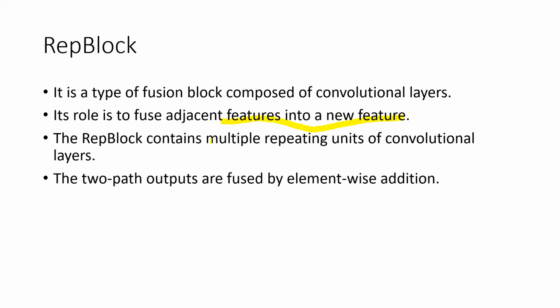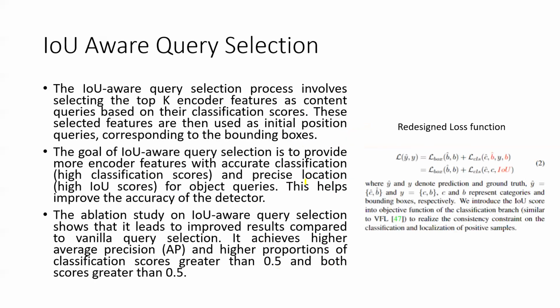They said it's n in number, so in the experiments it can be changed, depending on the dataset and the experiment settings. For the fusion, they used element-wise addition, and they send it to the IoU query selection method, and after that they send it to the decoder.